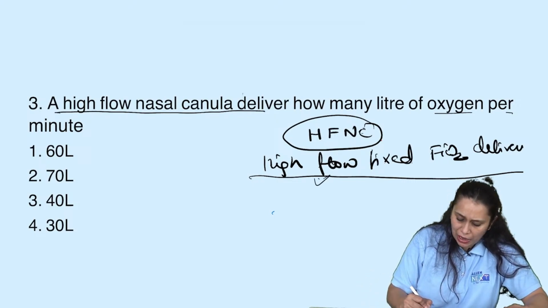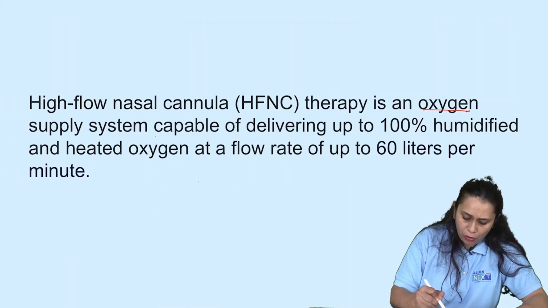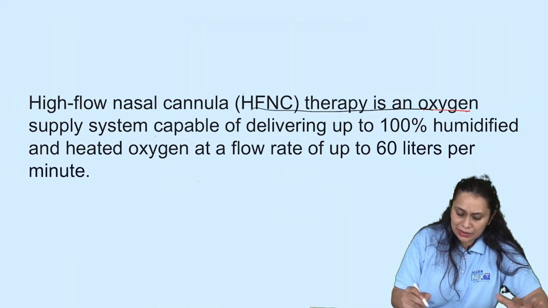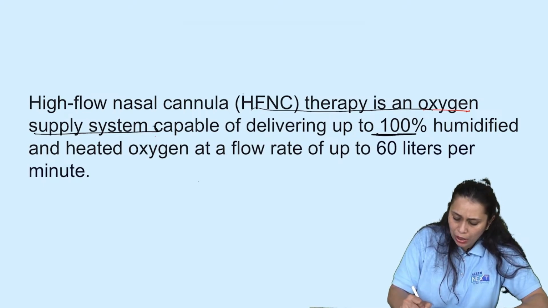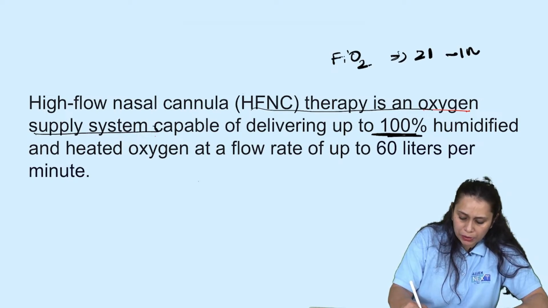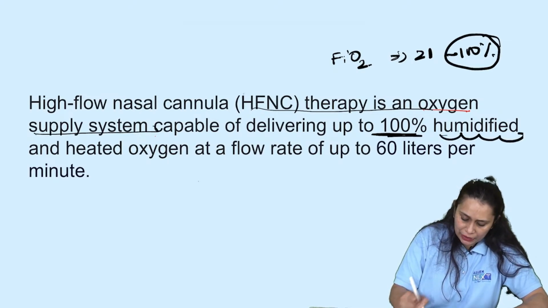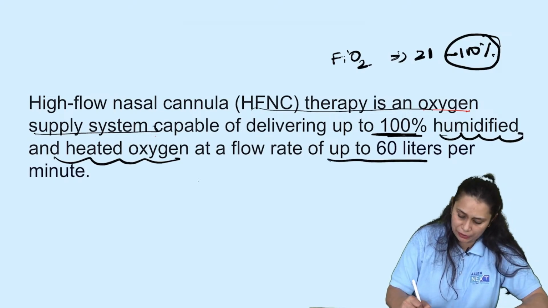So what does a high flow device give us? High flow therapy is an oxygen delivering device which can give from FiO2 21 to 100%. So it can give up to 100% humidified heated oxygen at a flow rate up to 60 liter per minute.